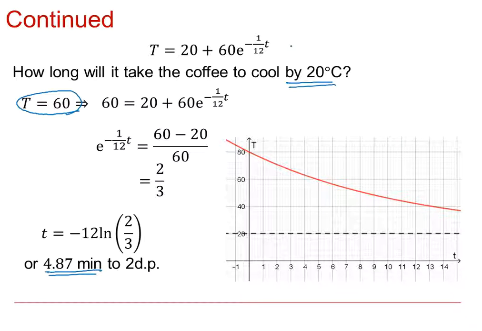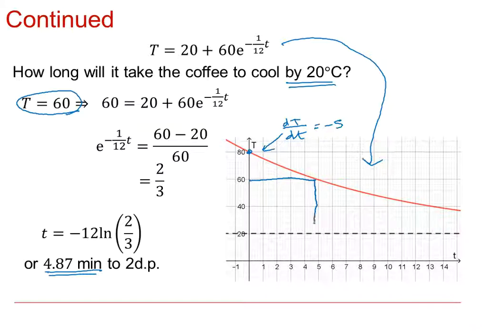So if we look at this particular solution as a graph, it satisfies the conditions that when t is 0 the temperature of the object was 80, and the gradient at that point, and only at that point, was -5. That was the rate of change of temperature at the beginning. But if we now look at when the temperature is 60 degrees Celsius, we can read off the time as 4.87 minutes.